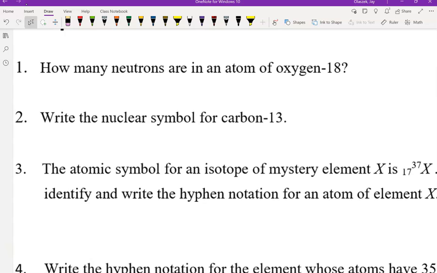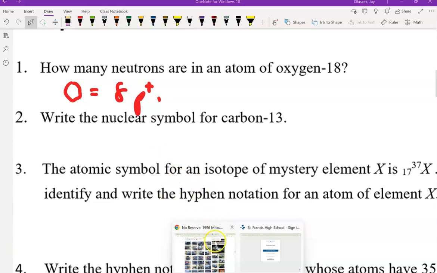In number 1, it's asking how many neutrons are in an atom of oxygen-18. We know that oxygen has to have 8 protons. We know this because we can see it right here in the periodic table.